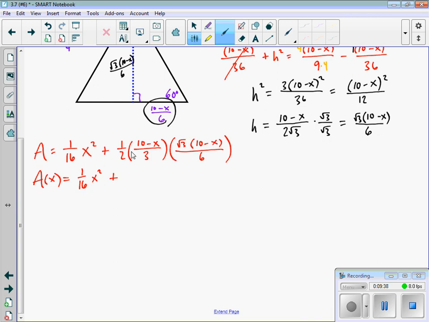So in the numerator, we have a square root of 3. And in the denominator, I've got what? 36. And then I've got 10 minus x squared. Does that look right to everybody? Okay, and then from there, take your derivative and try to set it to 0.